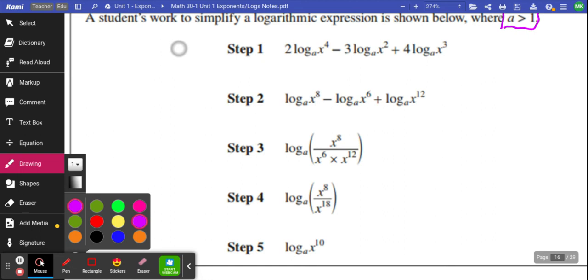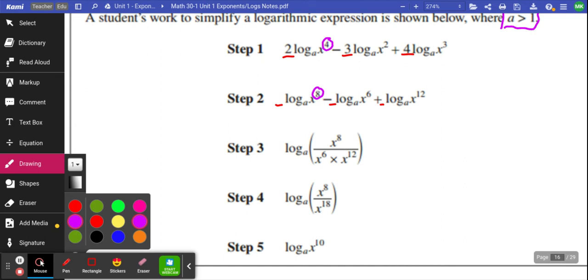So let's try to figure out what's changed here. If I look at step 1 and compare it to step 2, I notice that all the coefficients are now gone. That means they must have done something with those exponents. We know that those coefficients would multiply to the exponent. So let's look at their exponents and see if they've done it right. They had 4 turn into 8. That makes sense because 2 times 4 would become 8.